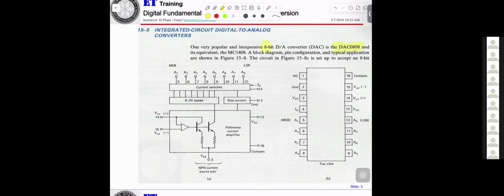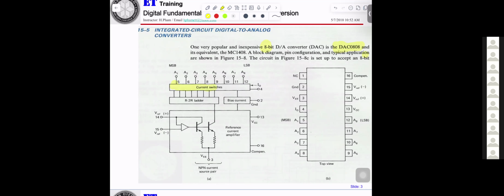Here are a block diagram, pin configuration, and typical application. The circuit in figure 15 is set up to accept an 8-bit input. Now you can see this is the 8-bit DA converter.